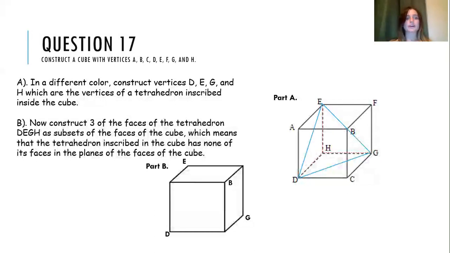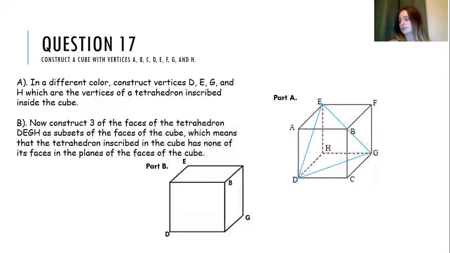Now for part B, we have to construct three of the faces of the tetrahedron DEGH as subsets of the faces of the cube, which means that the tetrahedron inscribed in the cube has none of its faces in the planes of the faces of the cube.